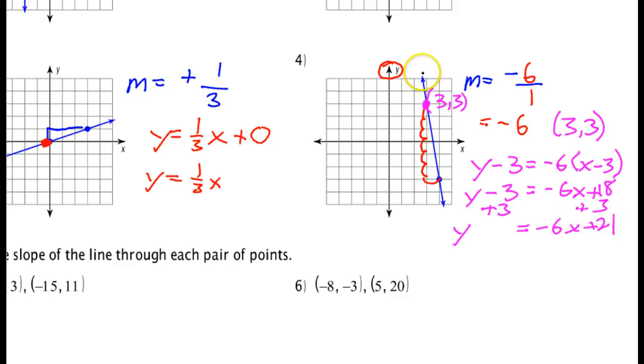That means if we continue this up here, that line would eventually go through at y-intercept of 21. So this kind of question really lets me know what you understand about graphing. Because there's some people that will raise their hand and say, but it doesn't go through the y-axis, so I don't know what the y-intercept is. So there's other tools besides just looking at a graph.